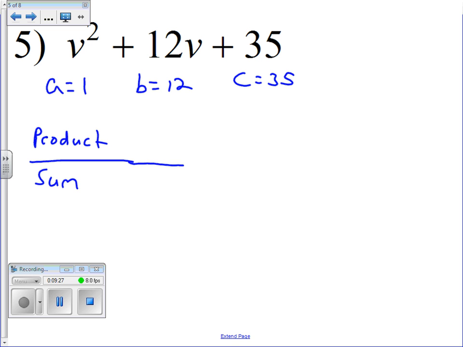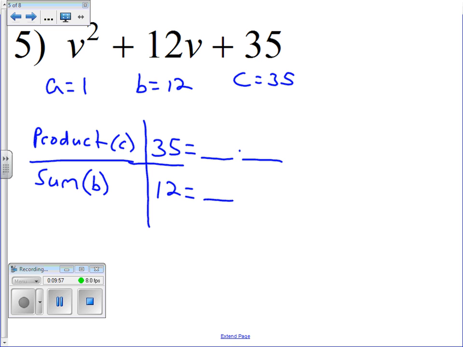Later on, we're going to find problems where this method is not going to give me the results that I'm getting here. So I want the product to be C and the sum to be B: numbers that multiply to give me 35 but add to give me 12.